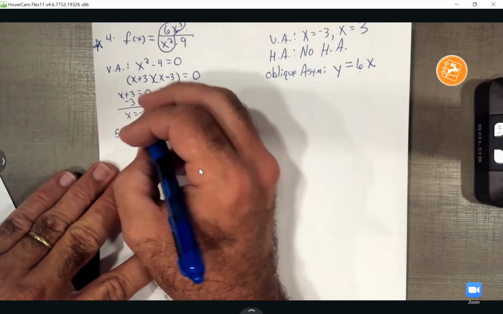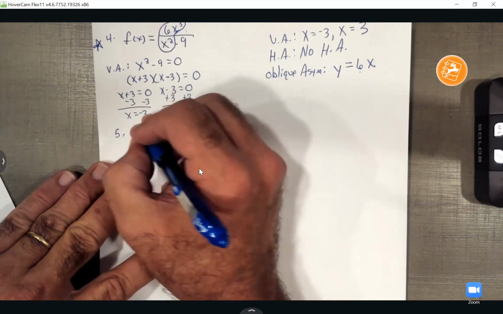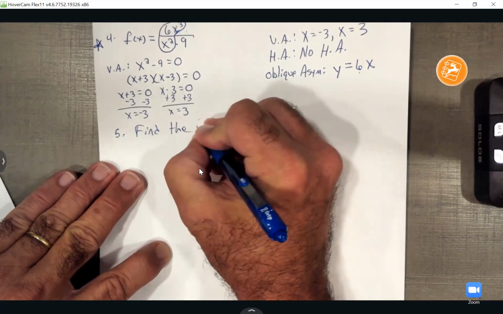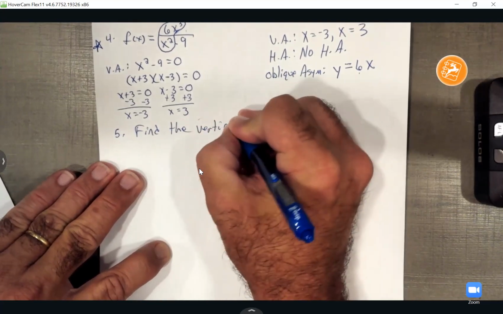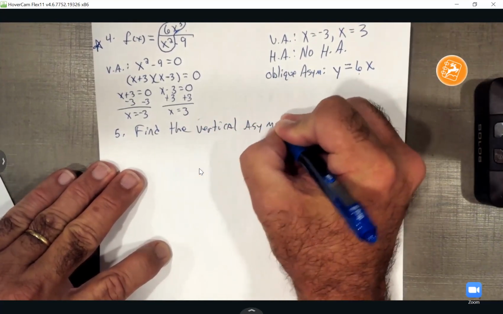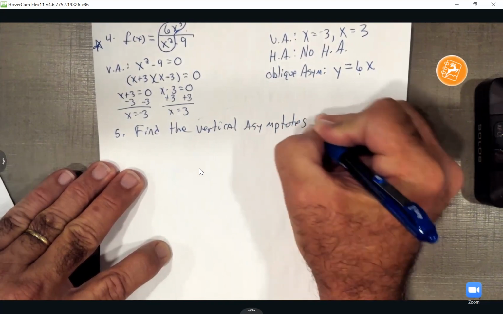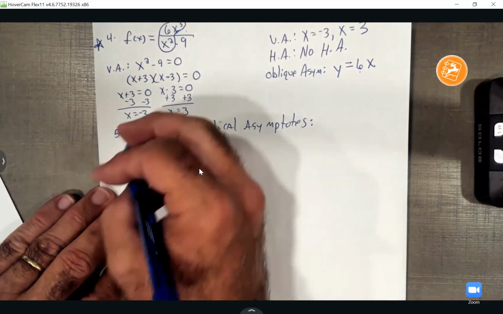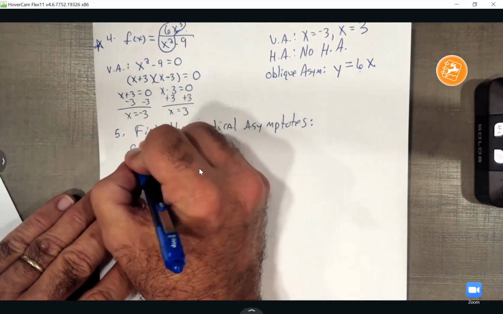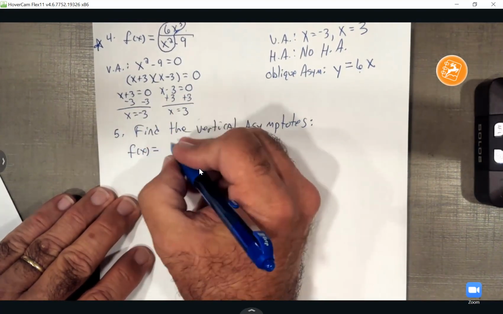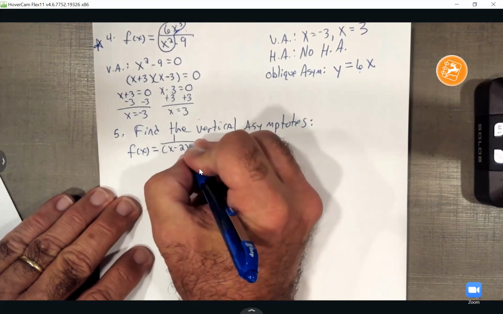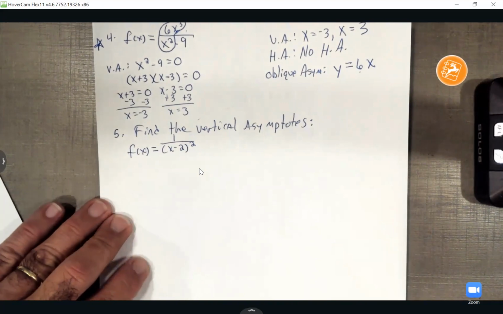Now, starting at number 5, these examples, they want me to find the vertical asymptotes. All right, so number 5 is this: f of x equals 1 divided by x minus 2 squared.